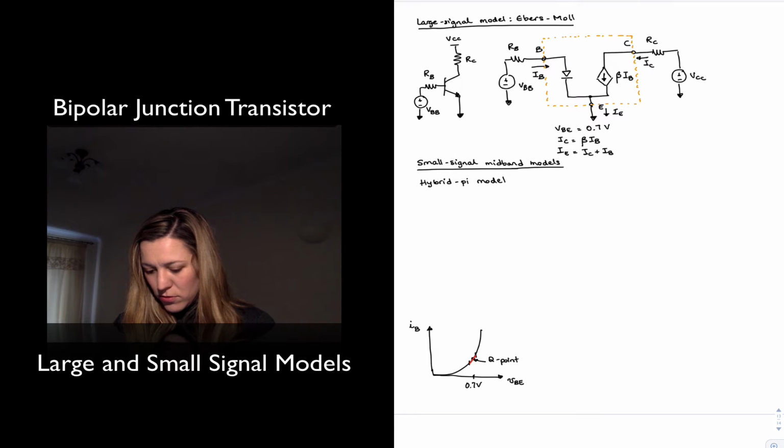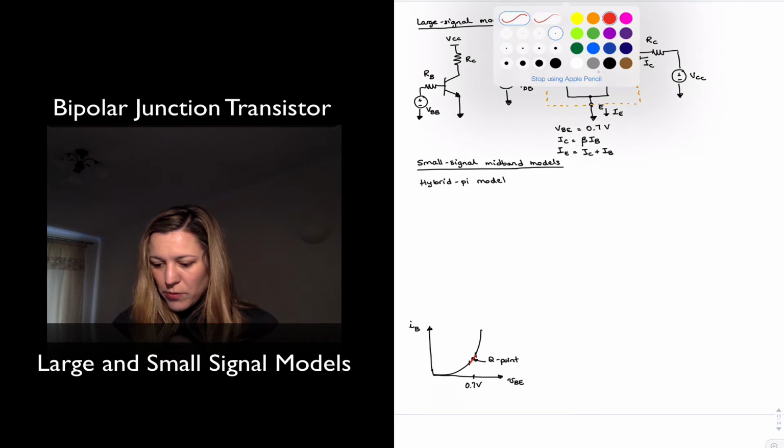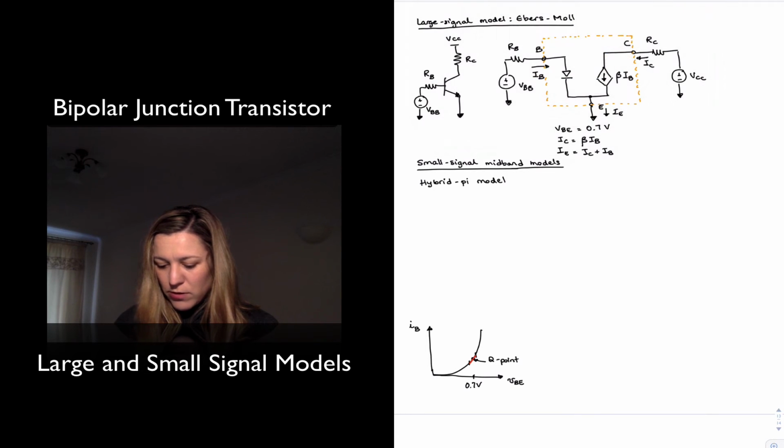And so when we represent that for our AC model, we're going to represent that diode between the base and the emitter as a resistor.